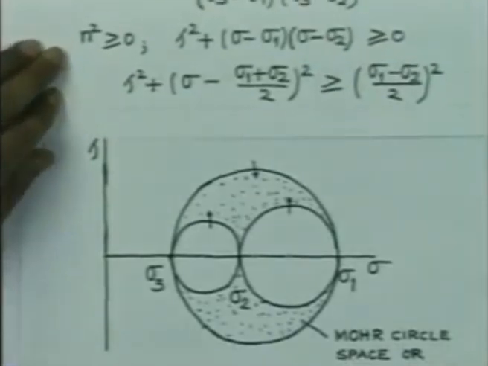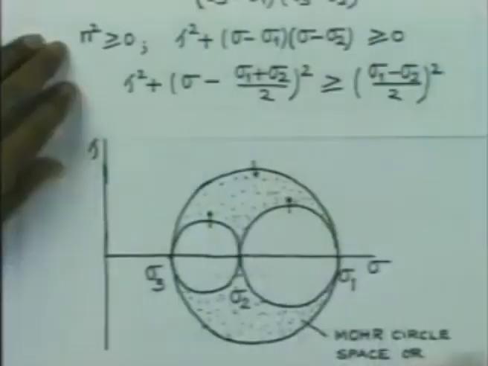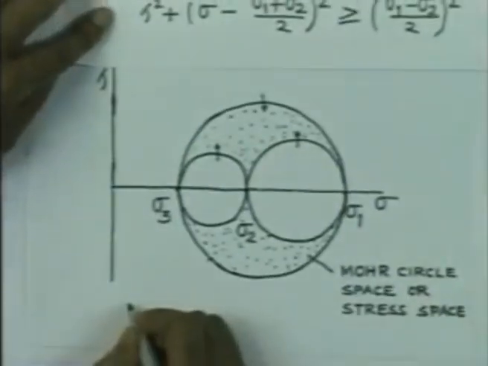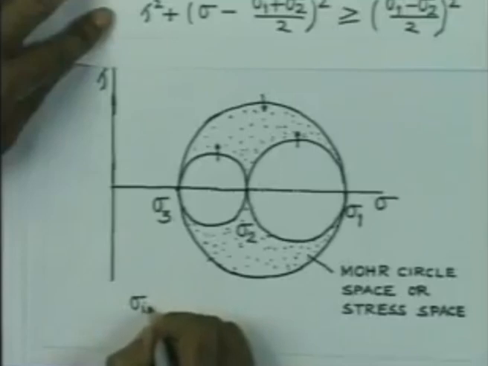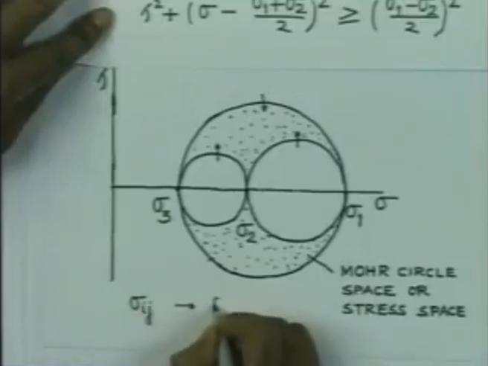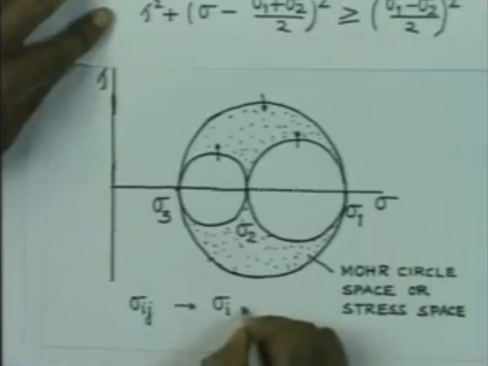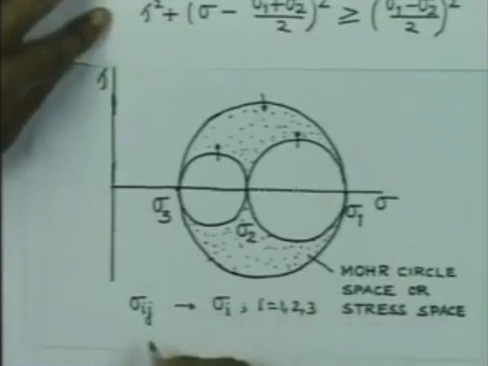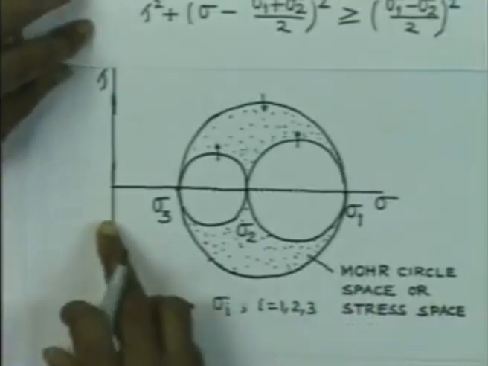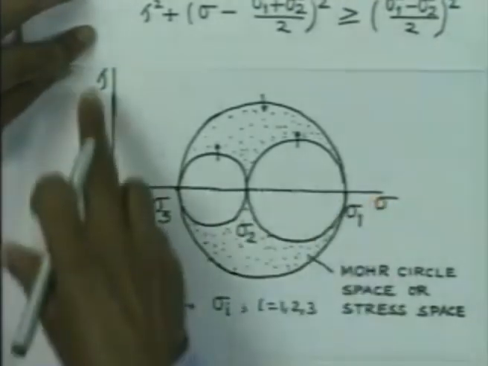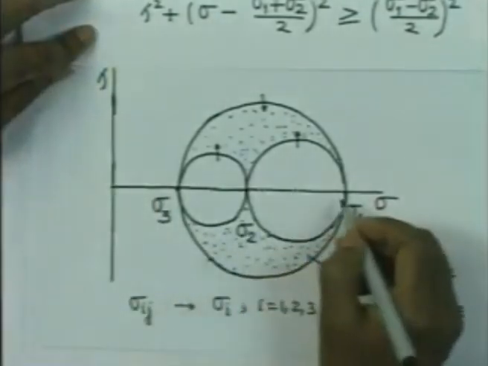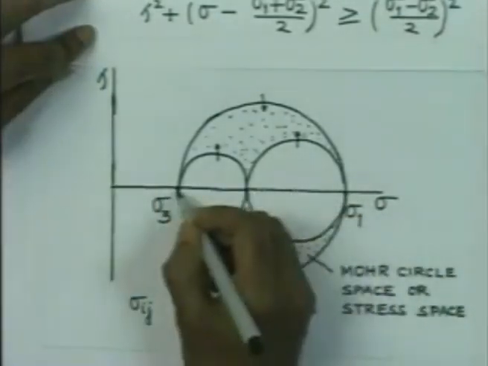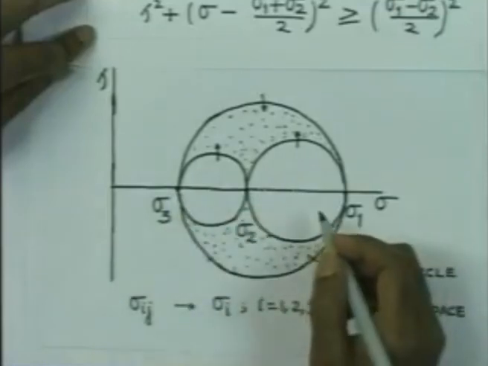What is needed then? The steps are that the stresses should be known at the point, the stress tensor sigma ij, then you calculate the principal stresses sigma i, i is 1 to 3, then you select your coordinates sigma and tau, locate the points sigma 1, sigma 2 and sigma 3, then draw 3 circles.